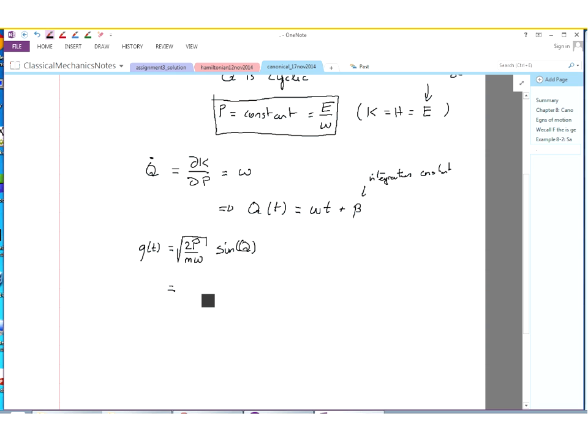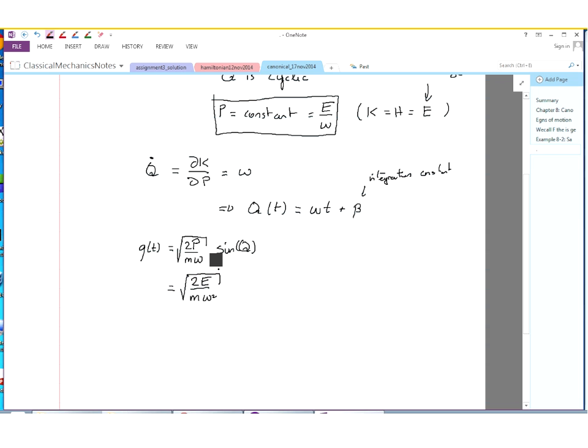And now if I substitute in what we have for P and what we have for capital Q, I believe there's a mistake in the notes. So that's 2, and then P is equal to E over omega. I believe this should be m omega squared.